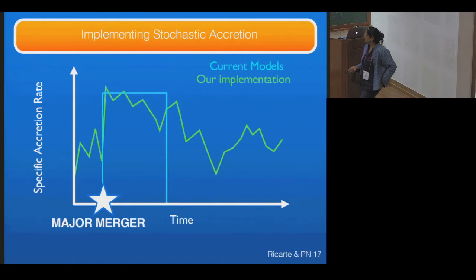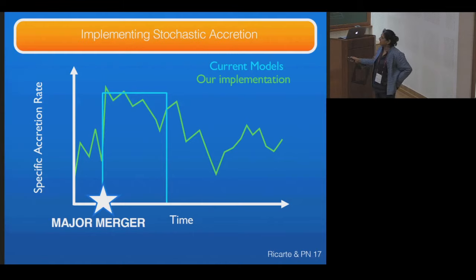So basically our current models, previous to our work, were that you have a major merger, you accrete a lot of mass, so your accretion rate is very high, then you stop. And this stopping is how you implement the M-sigma, sigma to the 5 or sigma to the 4. What we are doing instead is that in addition to the merger trigger, there is a steady growth happening all over cosmic time.